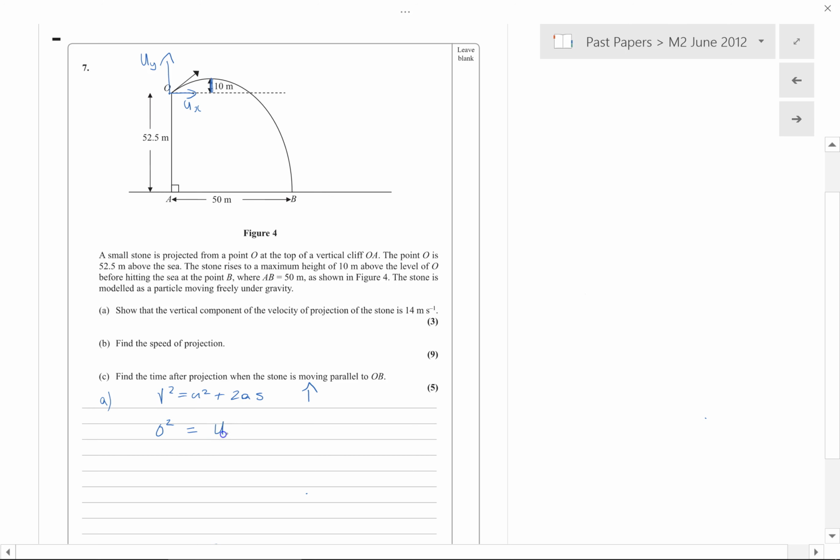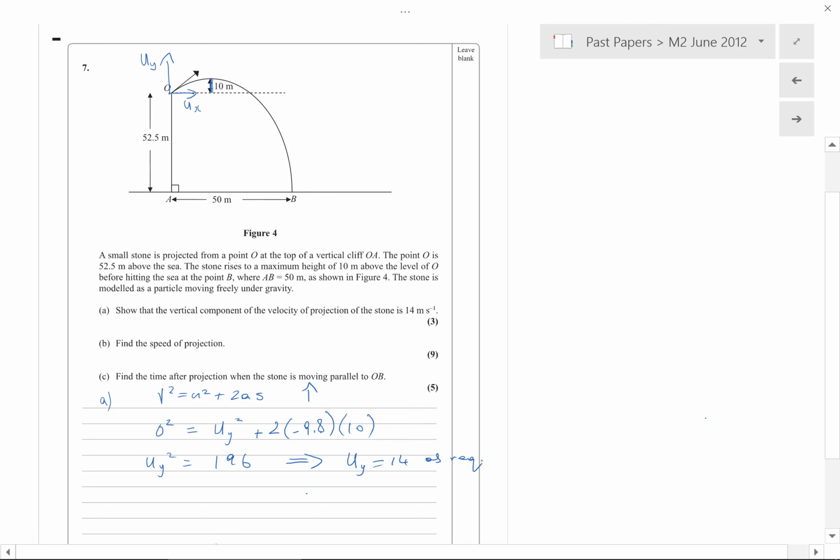The initial velocity is the uy we're trying to find, plus 2 times minus 9.8 times the 10. So that gives us uy squared is equal to 196. So that gives us uy equals 14 as required.